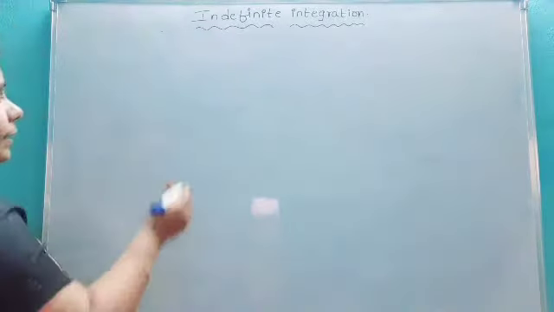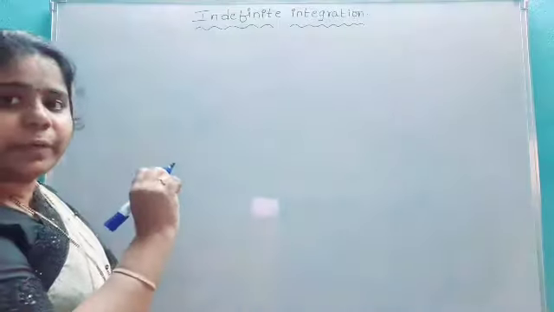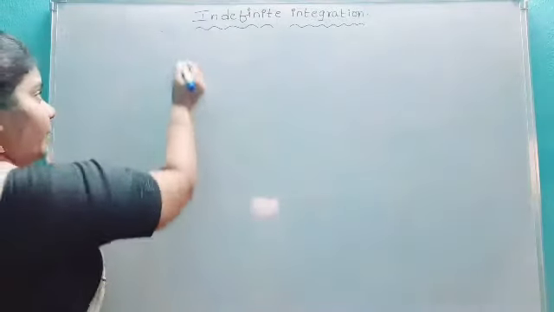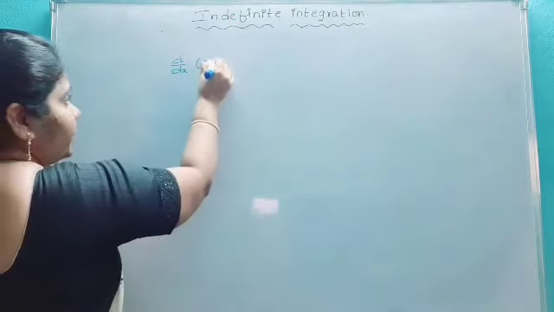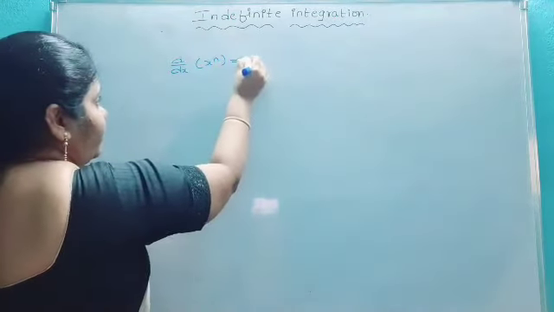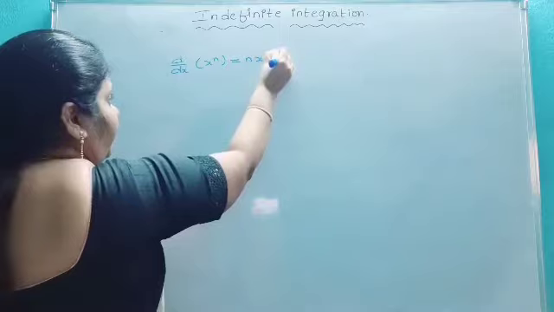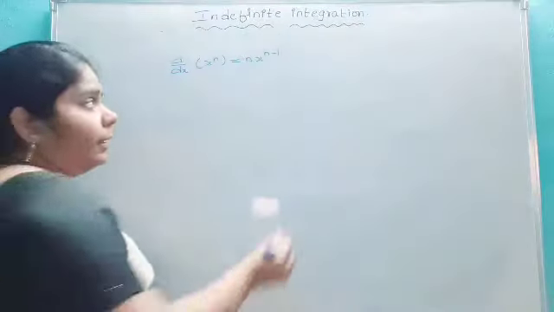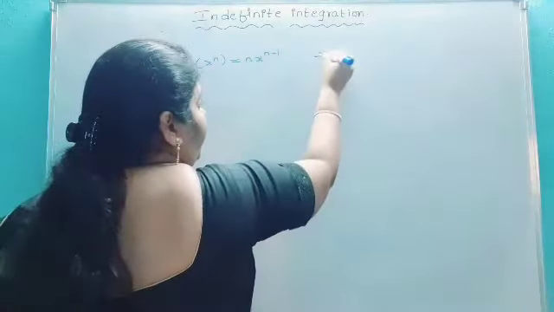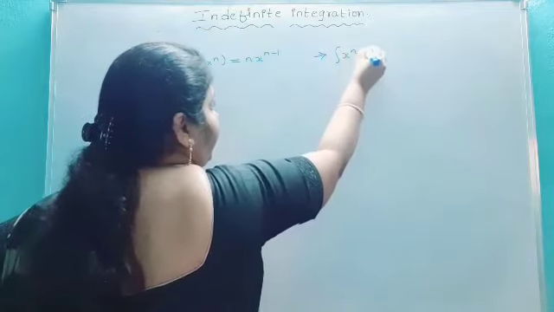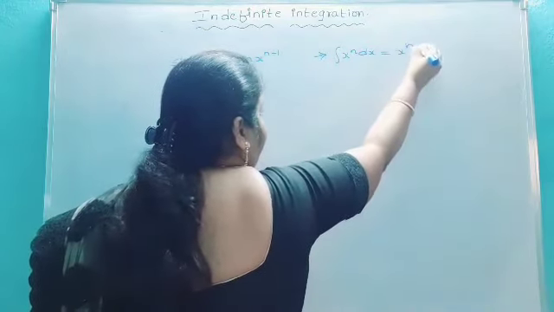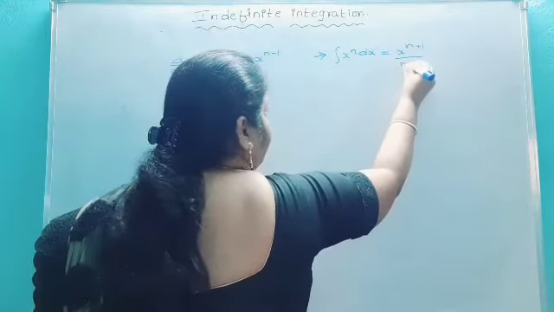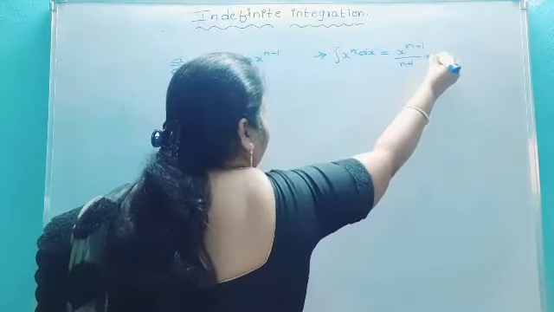Okay. We already know the differentiation of x power n and the integral of x power n. d by dx of x power n is equal to n into x power n minus 1. Integral of x power n dx is equal to x power n plus 1 by n plus 1, plus c.